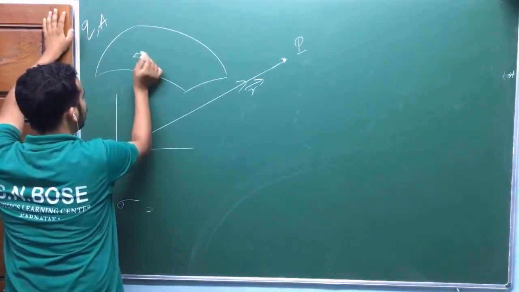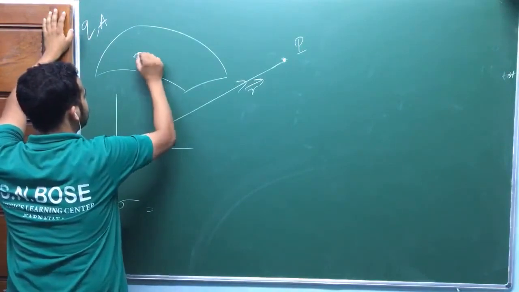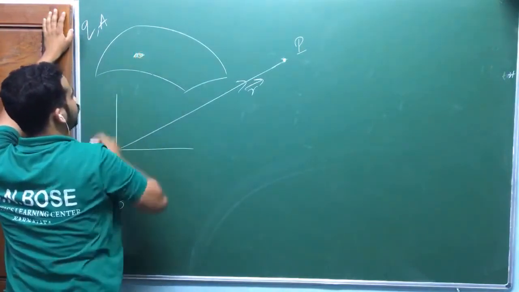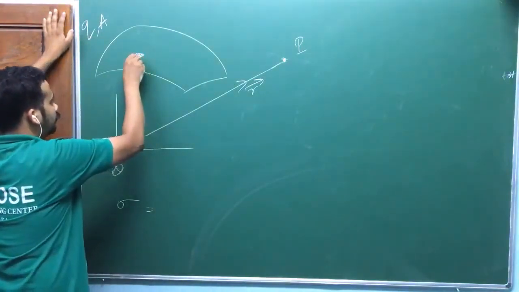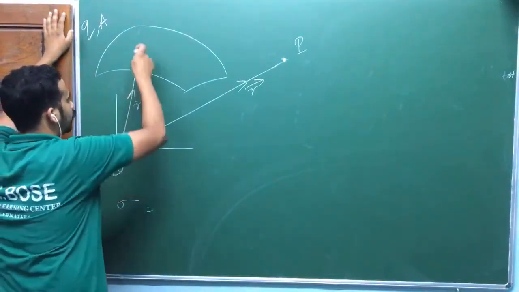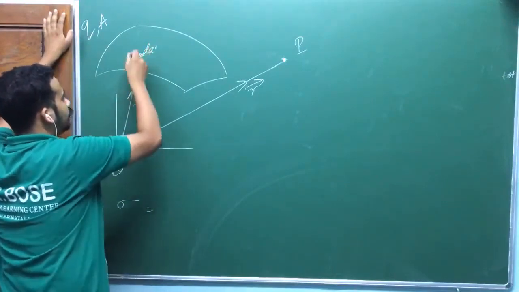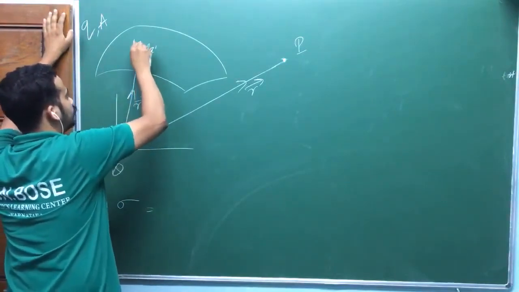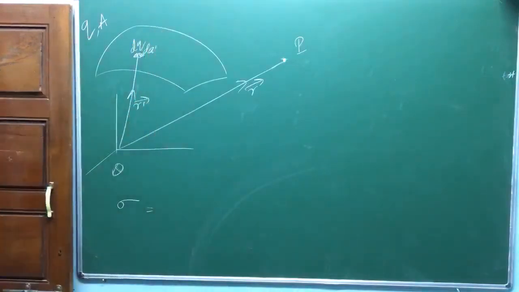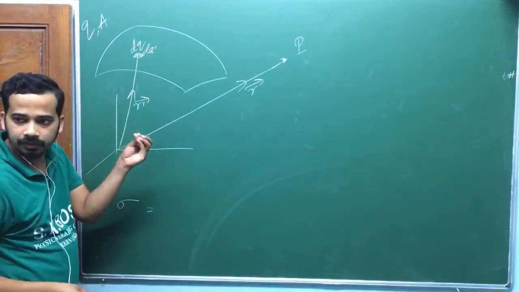Can you imagine? Let me write its position vector, that is r prime vector. Suppose this patch has area dA prime, and it has charge dq.